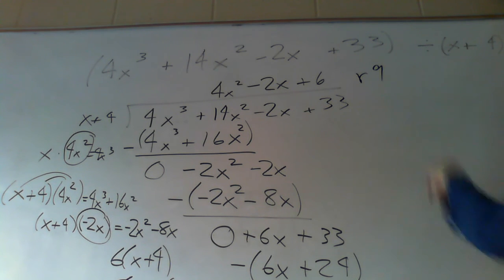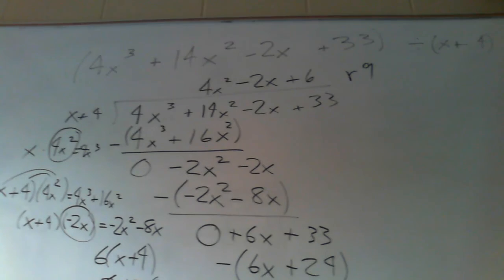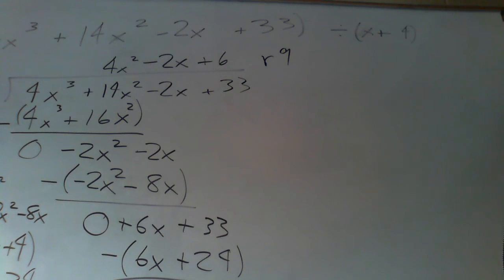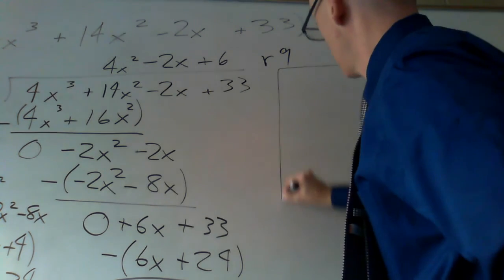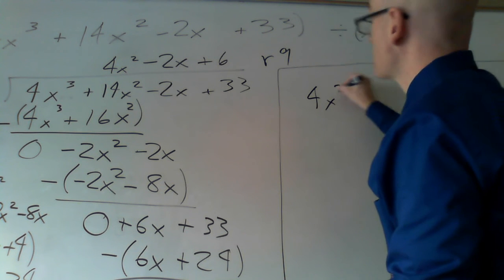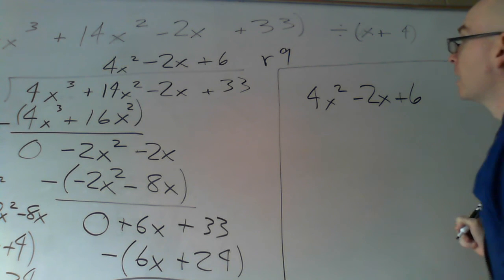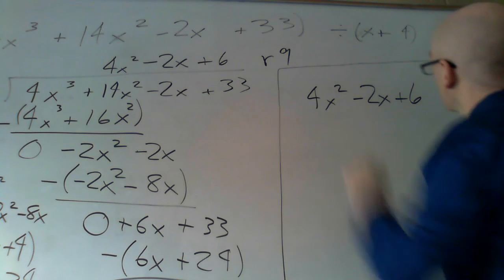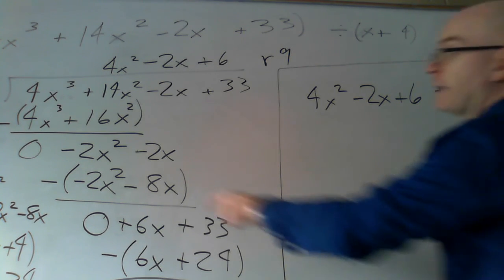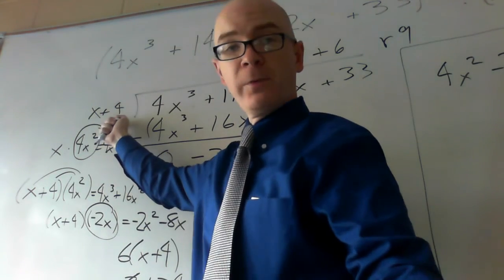And that looks still a little bit messy. So let's clean that up, and we can use a little bit of the remaining board space. So my solution was this: 4x squared minus 2x plus 6. This remainder 9, it's positive 9, it's still there and it's divided by the original x plus 4.